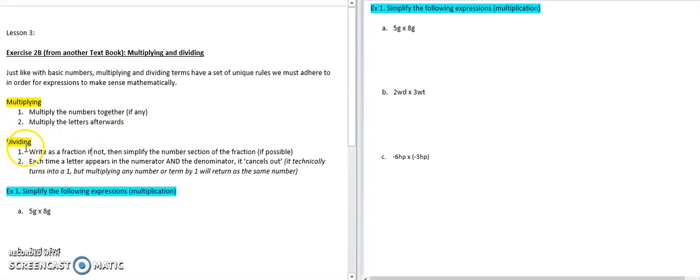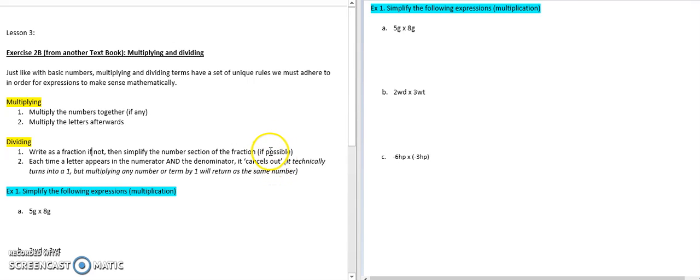And then with dividing, when we divide, write as a fraction if it's not in fraction form. Your sheet might say write a fraction is not, but it should say if not. Then simplify the number section of the fraction if it is possible to simplify.